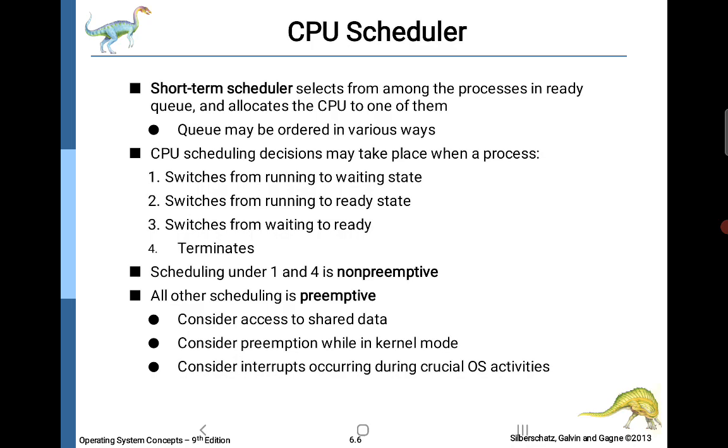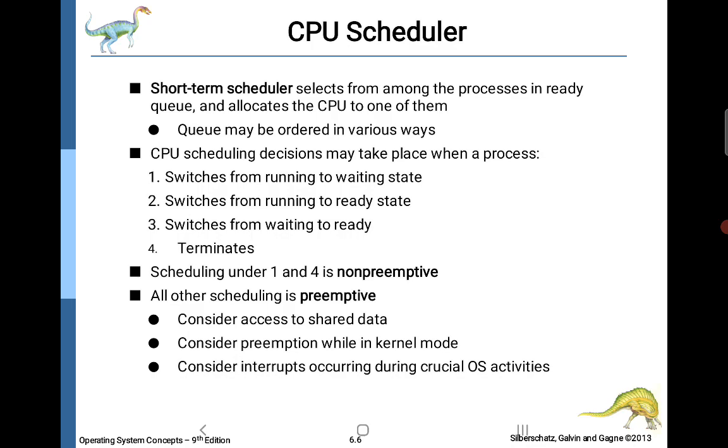Then, if a process that is running in the CPU has changed its status from running, now it's waiting. Or a process that was waiting has finished waiting and it's ready.